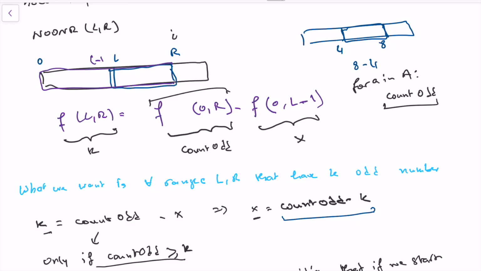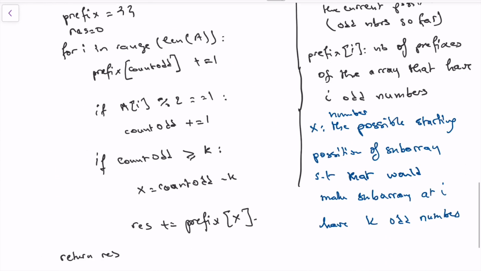And the way to look for those is to look for all starting positions that have x odd numbers, and x is just the difference between the count of odd numbers so far and k, right? Because all those I can start from and have k odd numbers. And x may be 0, for example, if it's the entire array. And that's pretty much the gist of this algorithm.